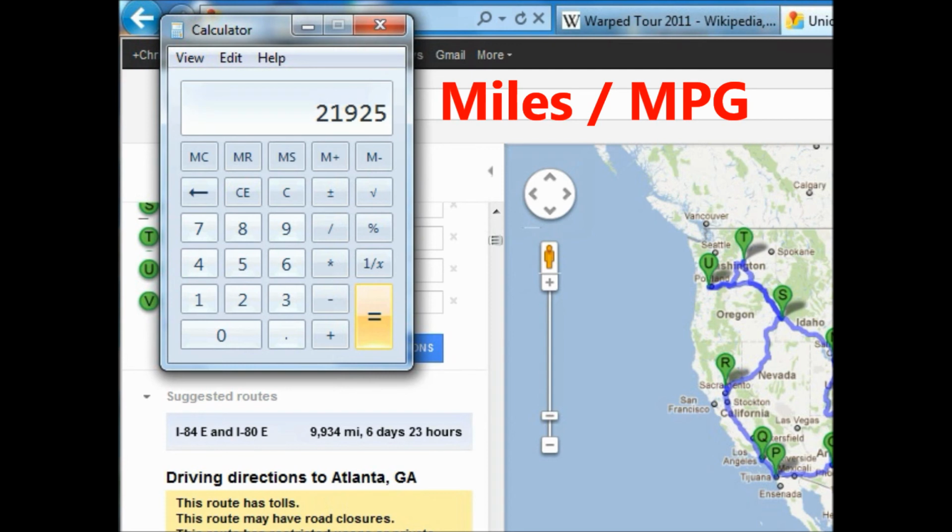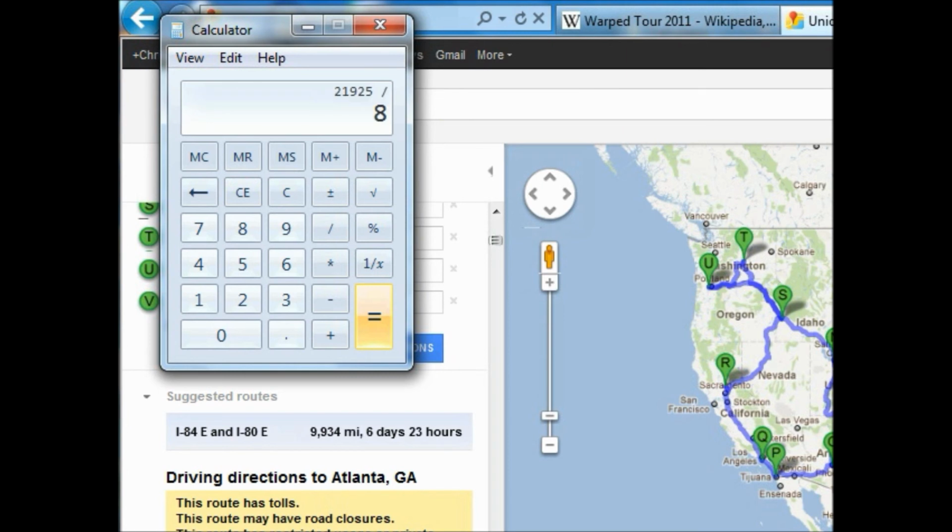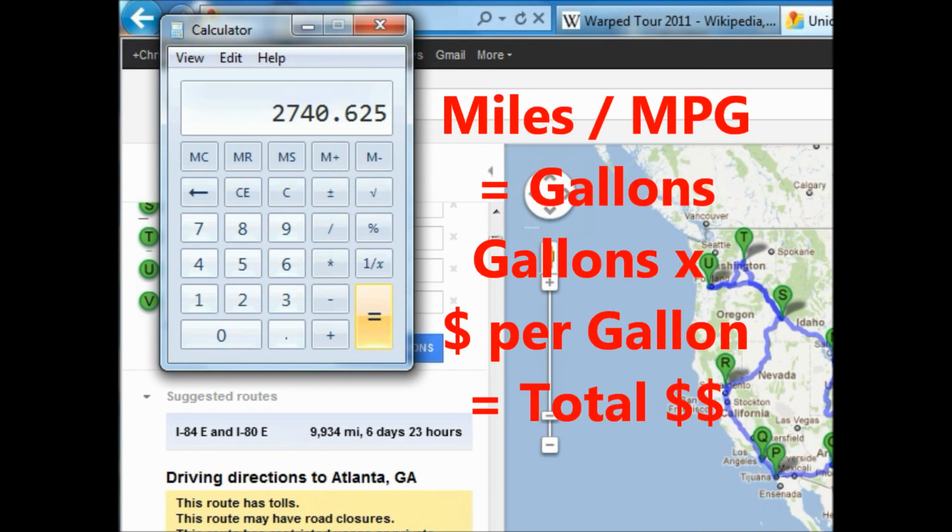So you got your van has 8 miles to the gallon. So you divide by that number. Divide by 8 equals 2,740 gallons. Now, gas cost is about, I think $4 per gallon. At least it will be by next year.